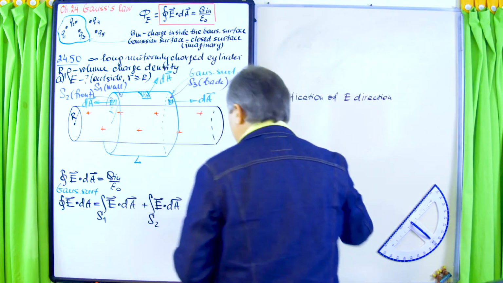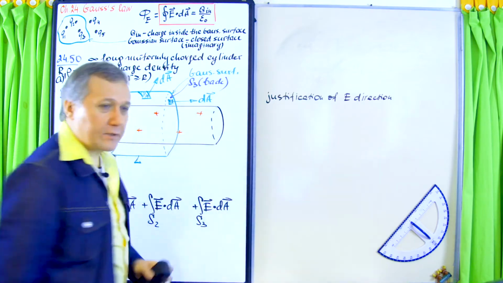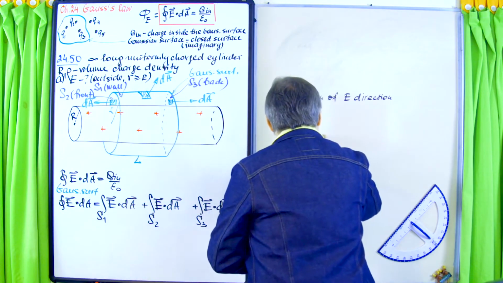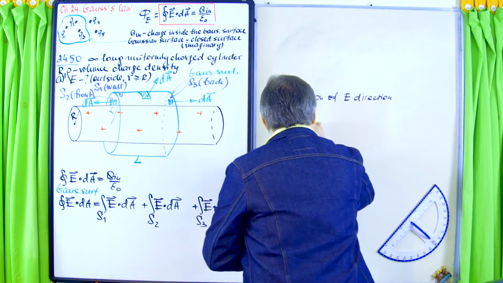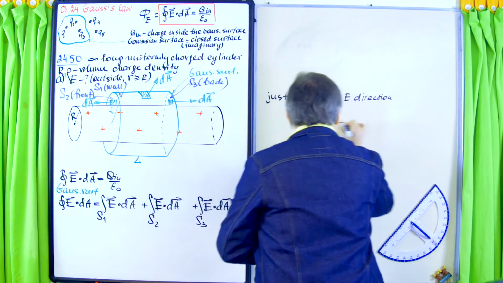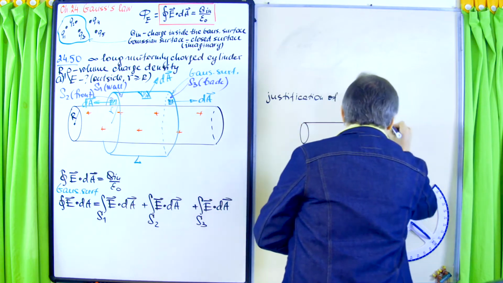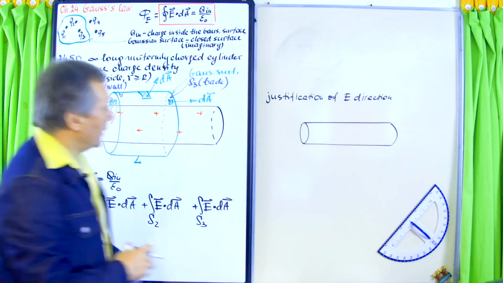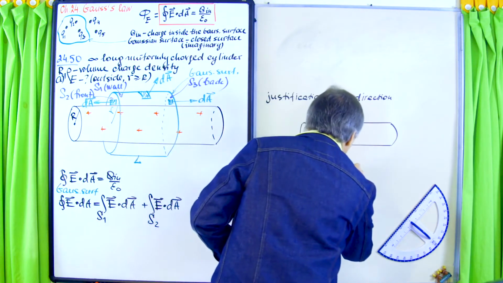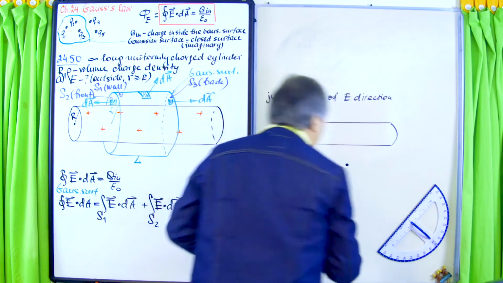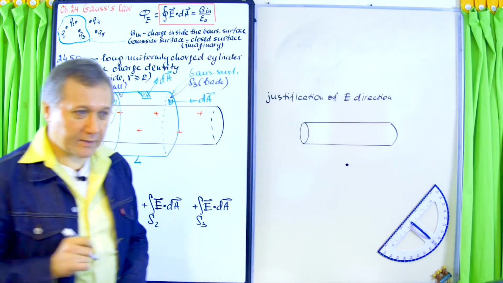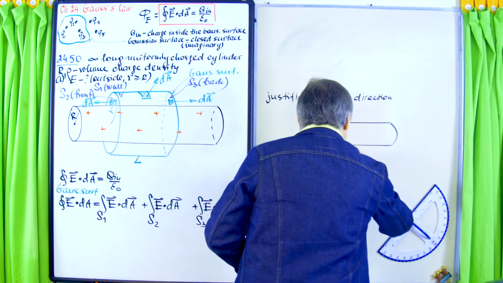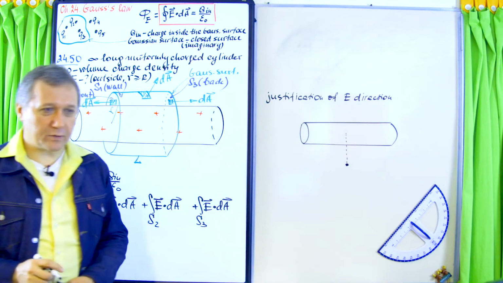Okay, so let me draw our infinitely long charged cylinder. Now let me draw just a small picture. All right. So I just redraw. And let's say we want to find electric field at this point, the direction of the electric field at that point. And let me draw auxiliary line, which is basically perpendicular to the axis of the cylinder.